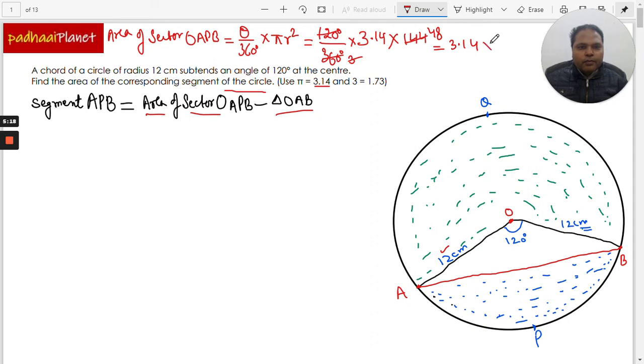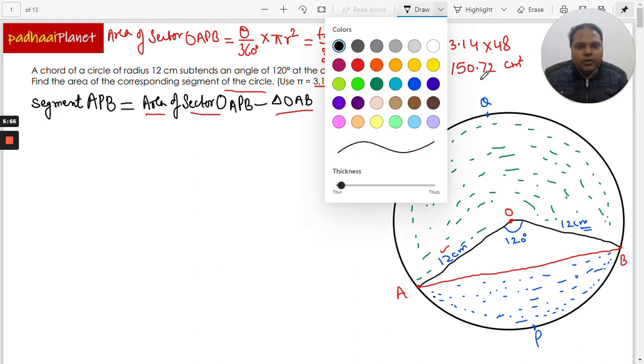So finally it's equal to 3.14 multiplied by 48. Let me take the help from my calculator. So 3.14 multiplied by 48 is 150.72 square centimeters, right?